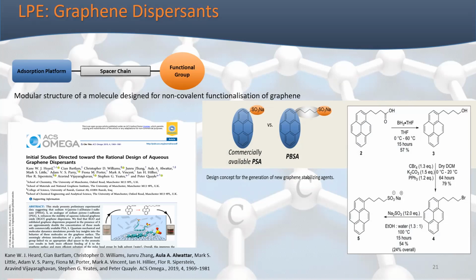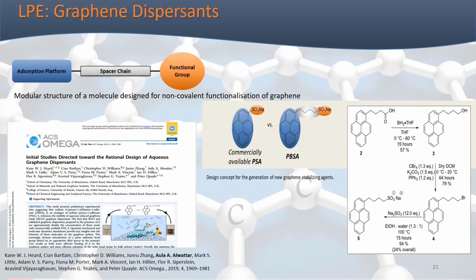Therefore, it was hypothesized that installation of an alkyl chain between the adsorption platform, pyrene, and the functional group, which is the sulfonate, would improve the efficacy. The balance between the hydrophobic pyrene and hydrophilic salt residue transitions the original structure towards that of the traditional surfactant.